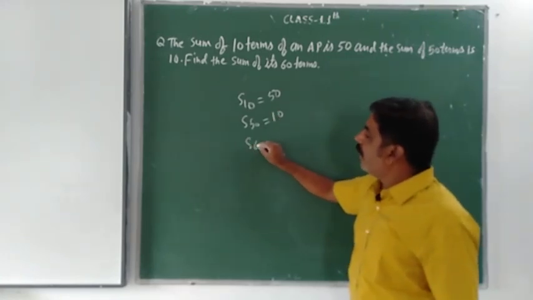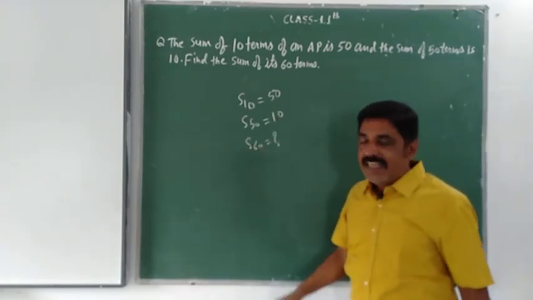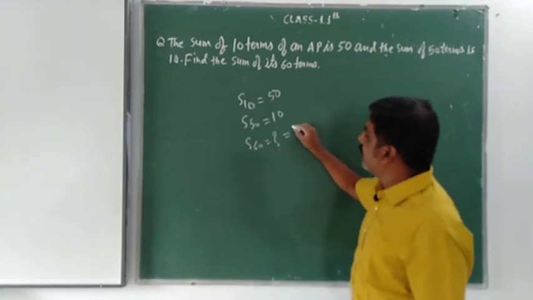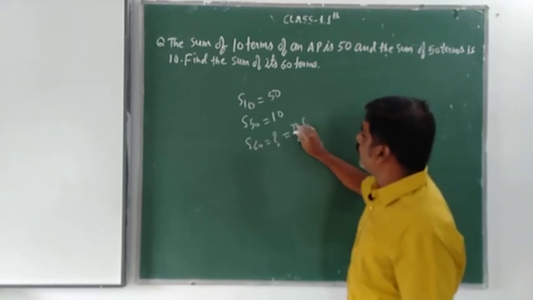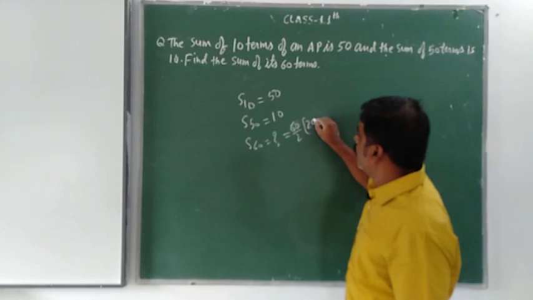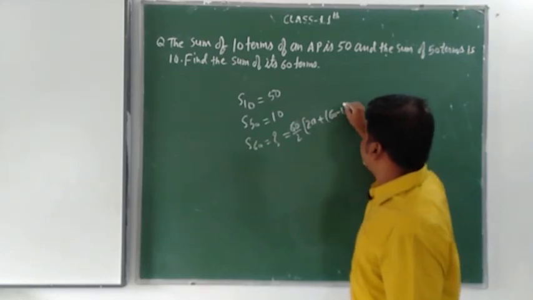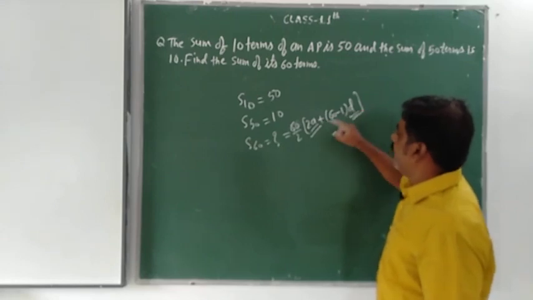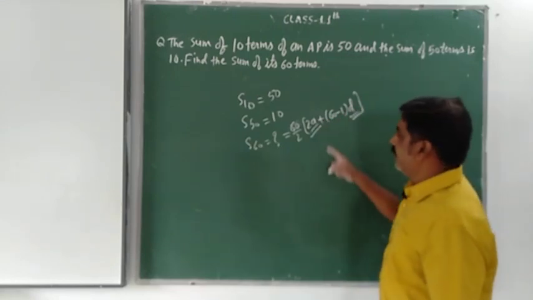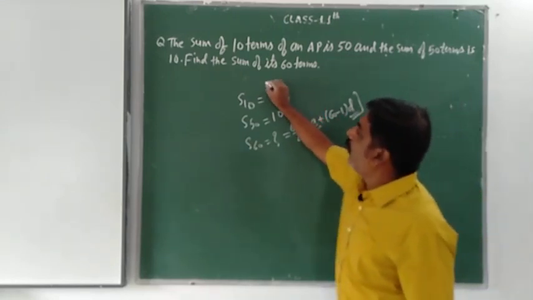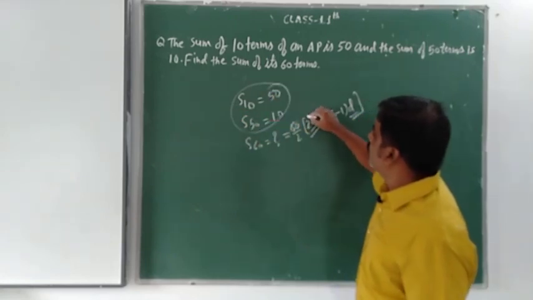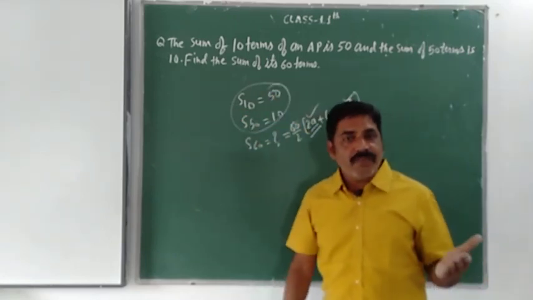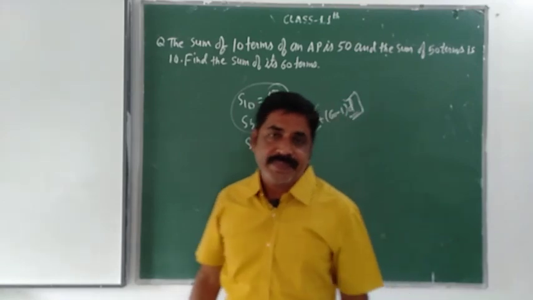So what we have to find? S60, and we know that S60 means n by 2, that means 60 by 2, into 2a plus 60 minus 1 into d, that means we should have a and d. So with the help of these two conditions, first of all find the values of a and d. Clear?